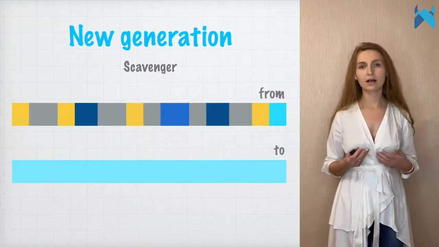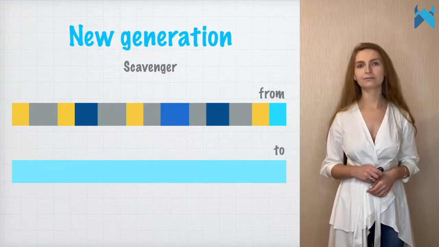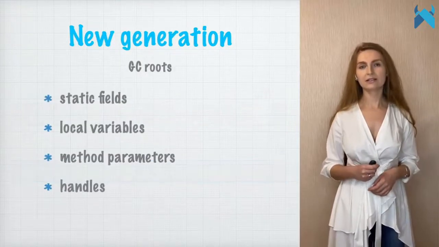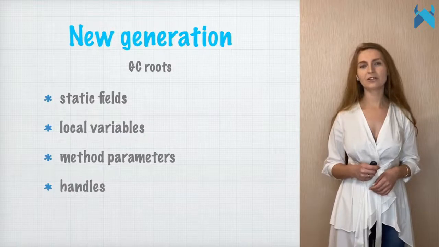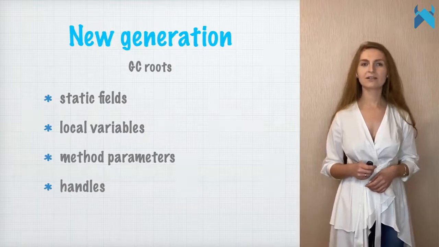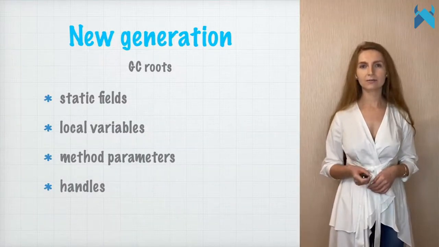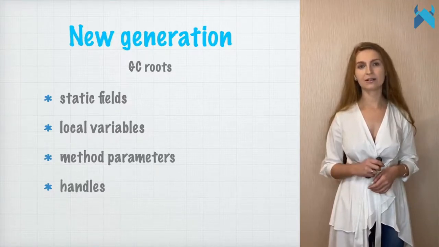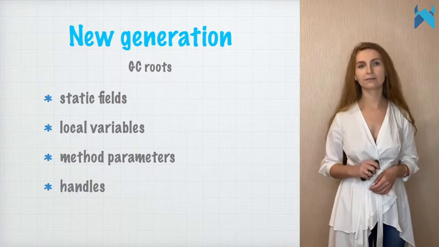So, how are live objects detected? To understand that, I need to tell you about GC roots. These are static fields, local variables, method parameters, basically everything on the stack, and a thing called handles.